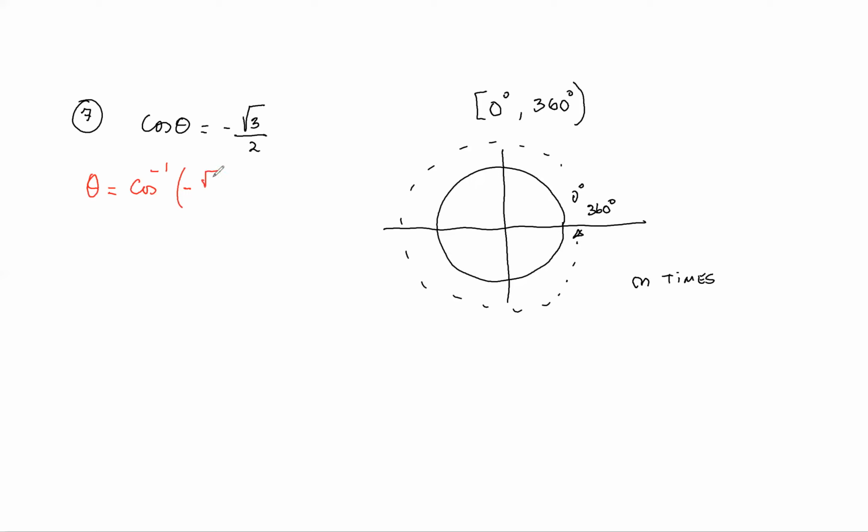Negative radical 3 over 2, close the parentheses. Remember the short table for sine, cosine.